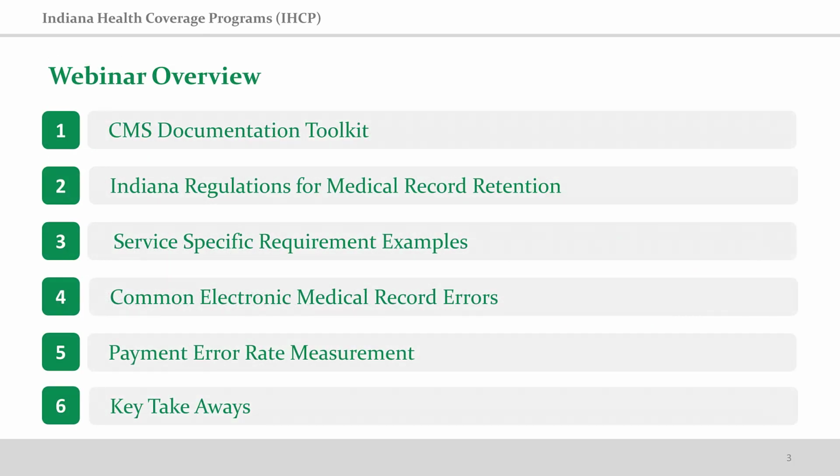This session will overview the following areas: the CMS Documentation Toolkit, Indiana's regulations for medical record retention, examples of service-specific requirements, common electronic medical record errors, and payment error rate measurement, and some key takeaways.